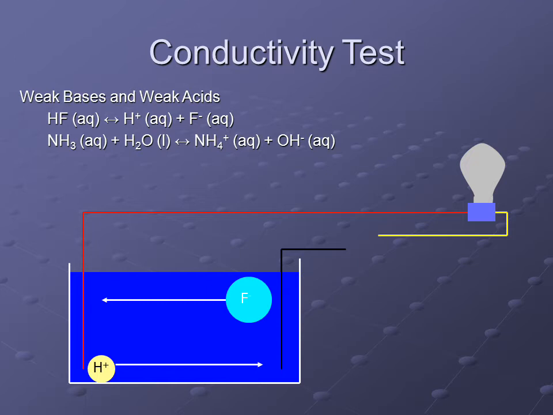They can be attracted to the electrode with the opposite charge. The other thing they can do is they can react with each other to form an HF molecule, and that HF molecule is not attracted to either electrode. And since it's not attracted to either electrode, and since it doesn't have charge, the HF molecules can't carry current.